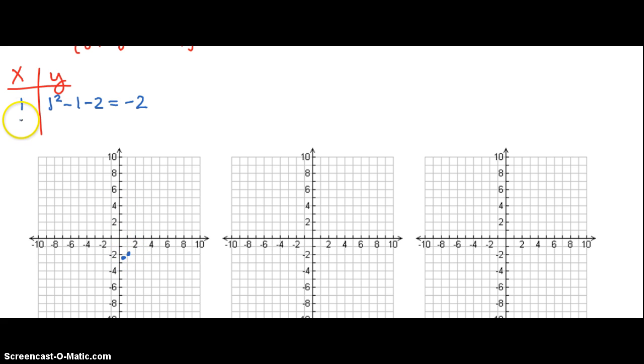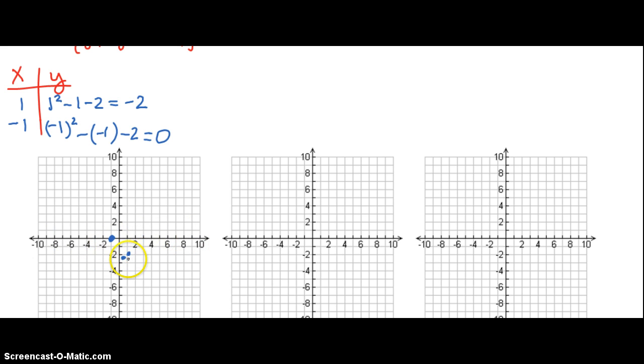And if I plug in negative 1, that's going to give me negative 1 squared minus a negative 1 minus 2, which is going to end up being 0. So negative 1, 0 is actually going to be on the x-axis.